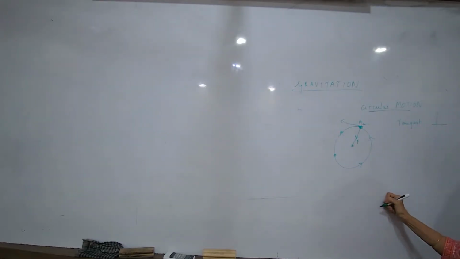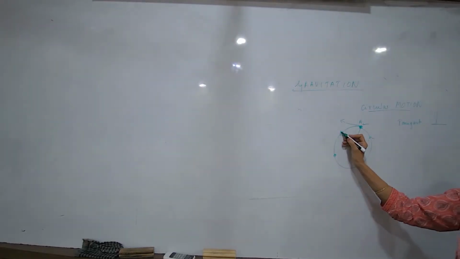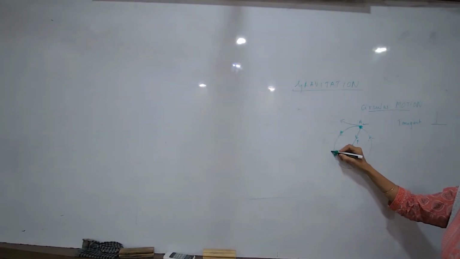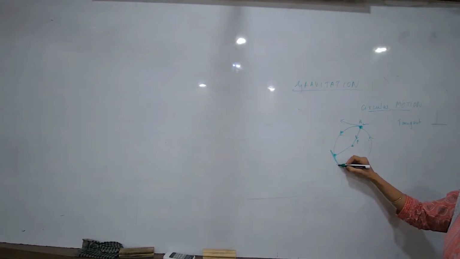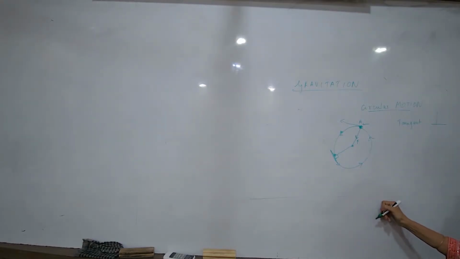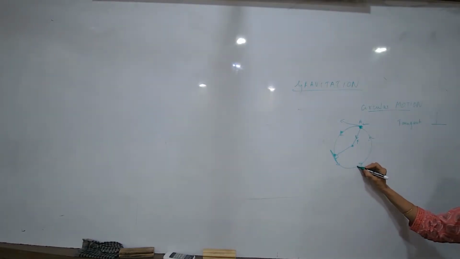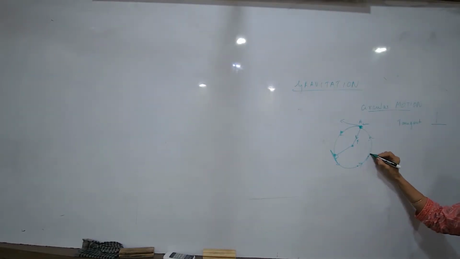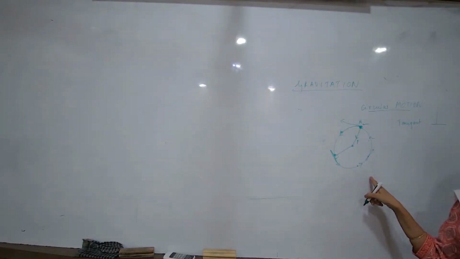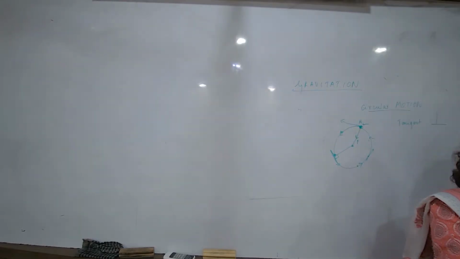Suppose this is the radius and we draw a line here; this is the tangent because this angle is 90 degrees. At every point of time, the direction keeps changing, though the speed remains the same.